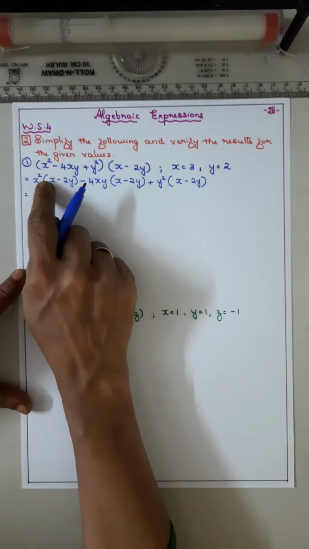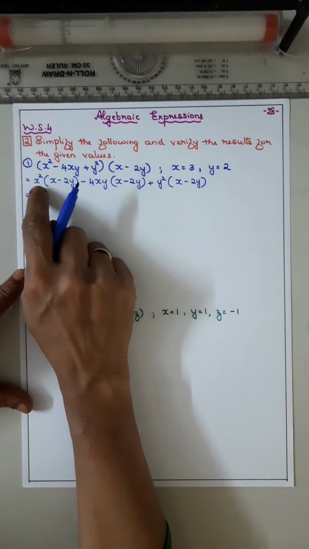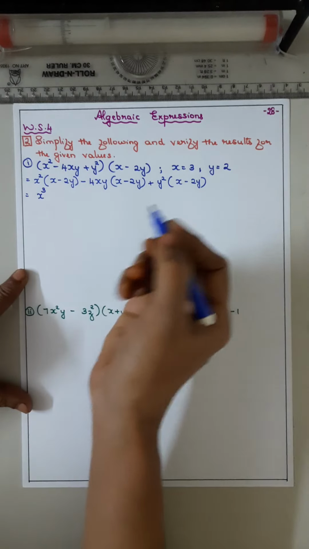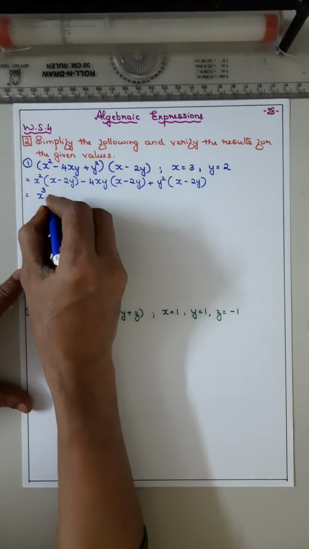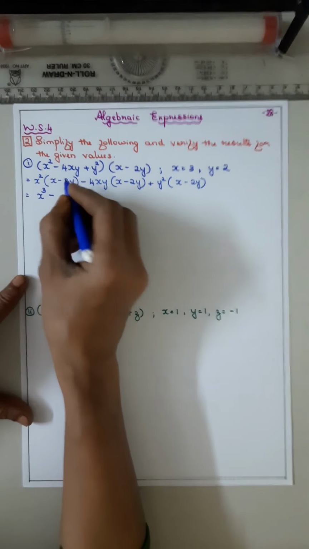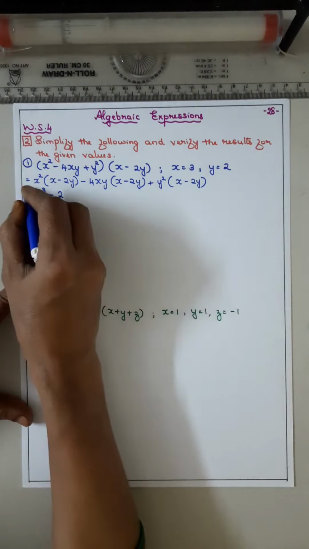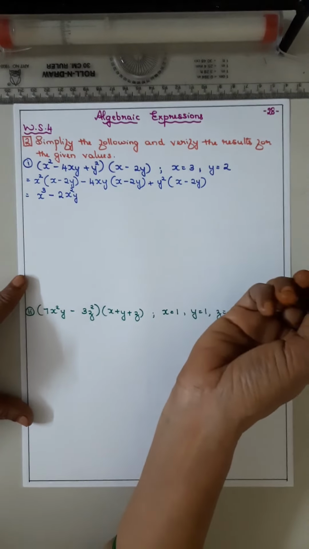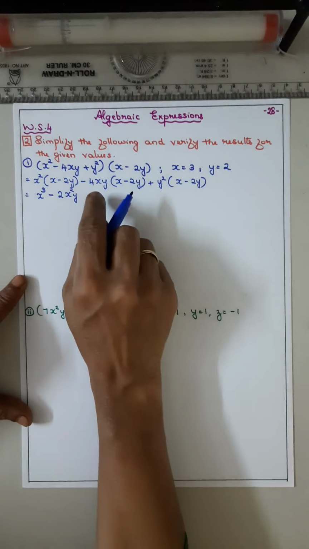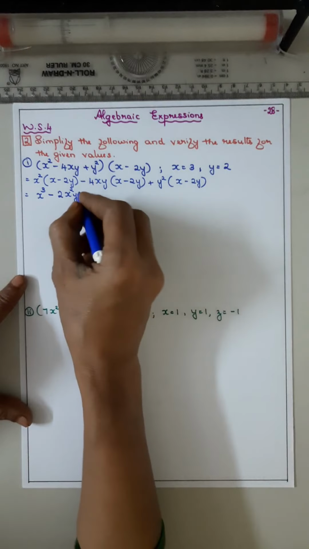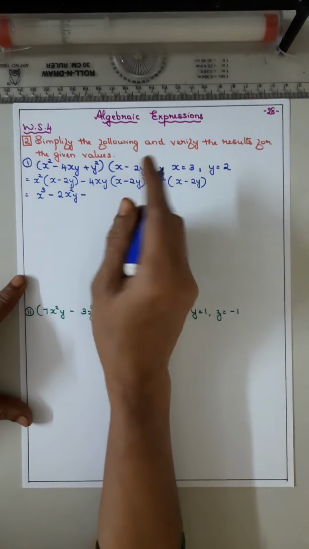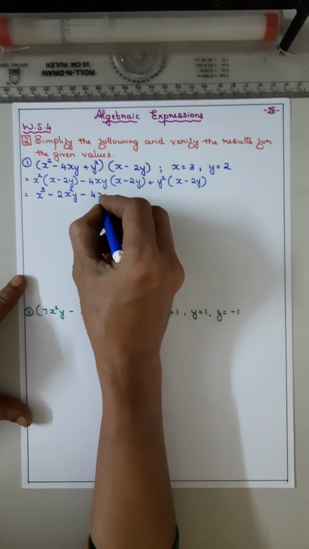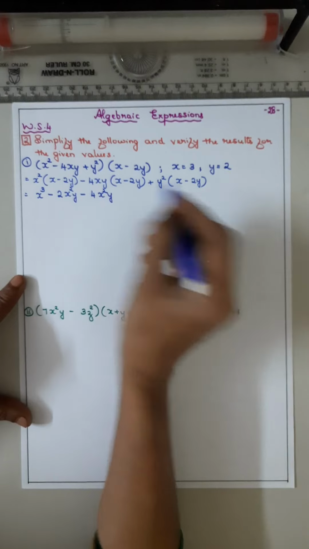Now x squared into x, that is x to the power 2 plus 1, that is x cube. Now the sign is plus minus minus. Now 1 2s are 2, x cube, x square and y, right? X square y. Next it is a minus plus is minus 4 1s are 4, x into x, it is x square and this y.